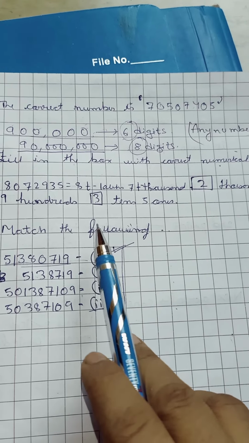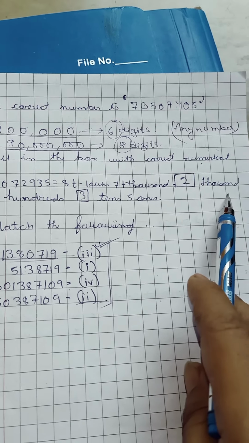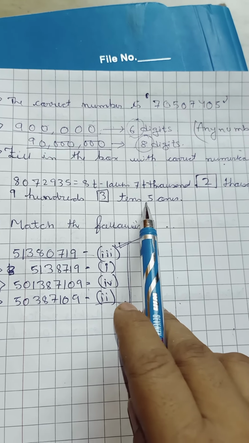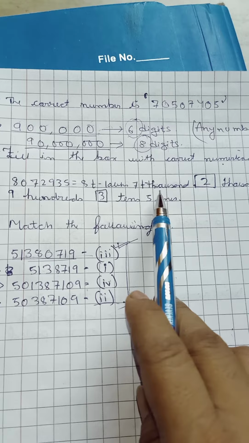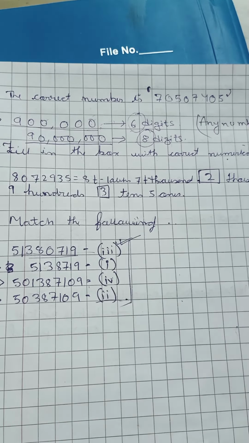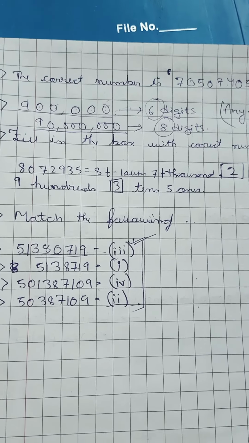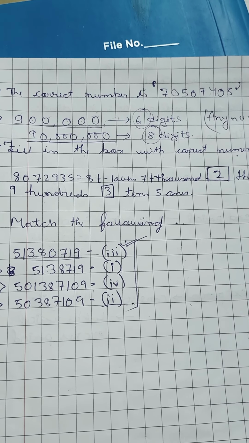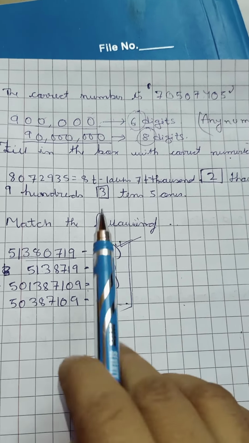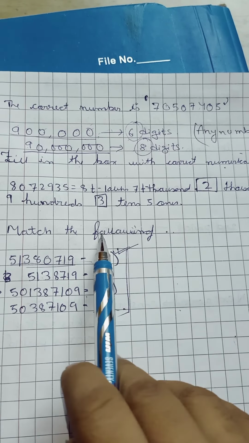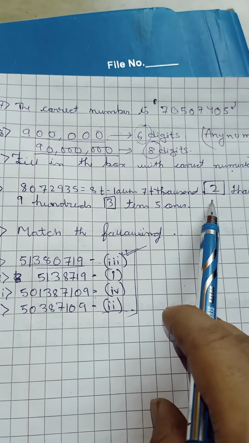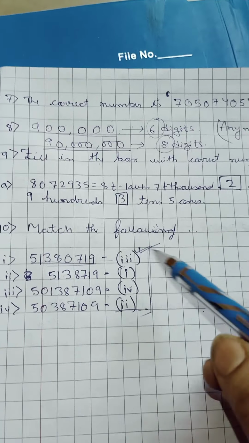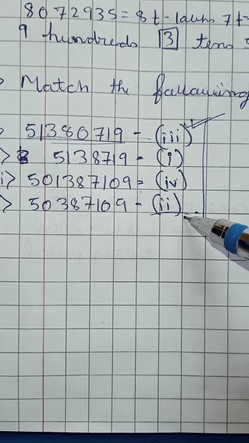You have to put the correct expanded form number in the box which is available to you. One I have done, you can see here how I have done it in the boxes, but the rest you have to do. The last one is number 10.